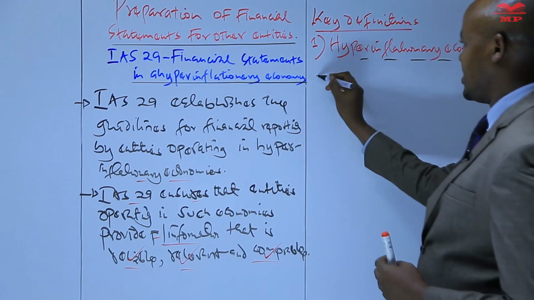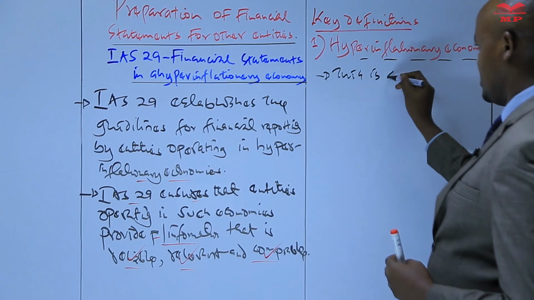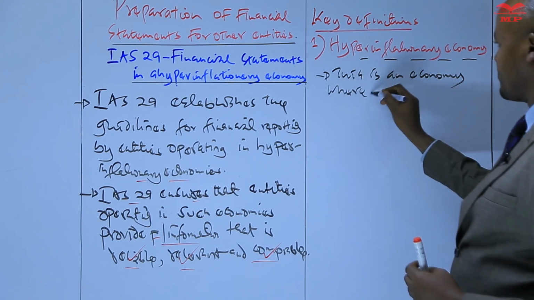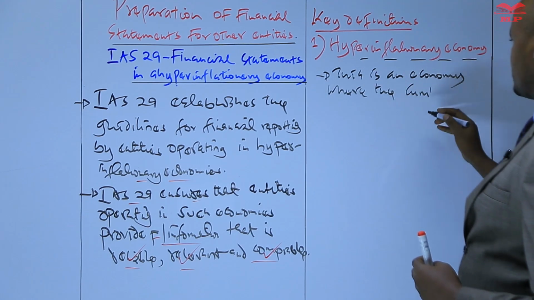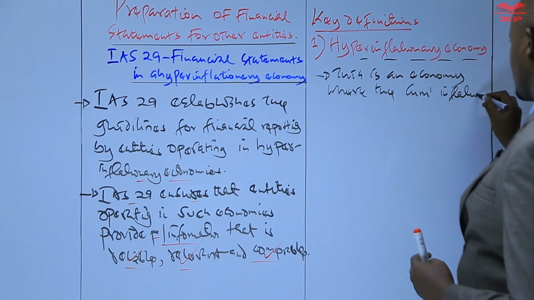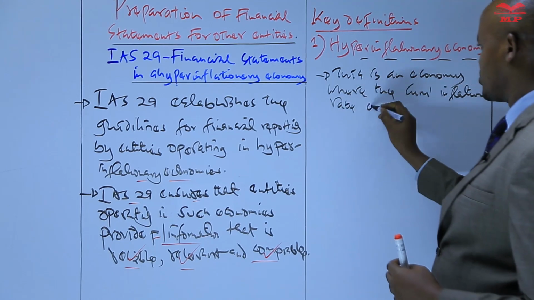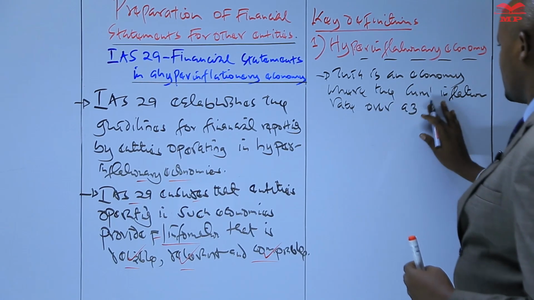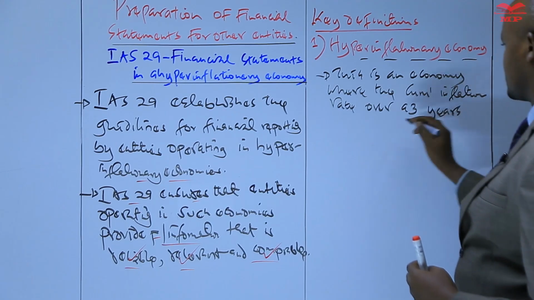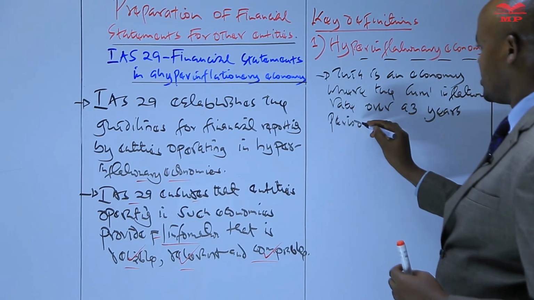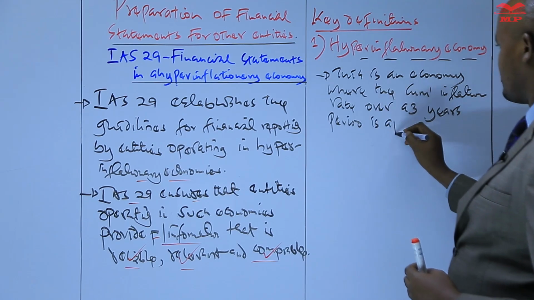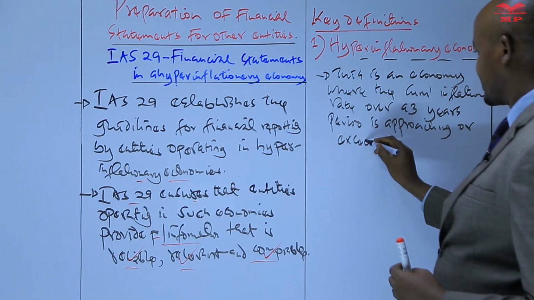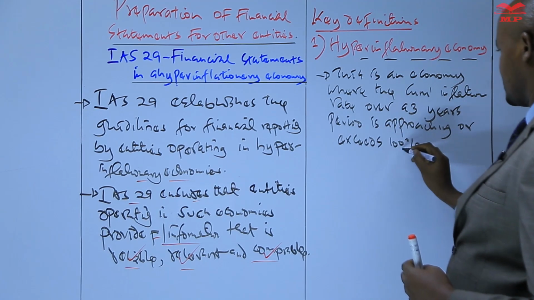So therefore, we can say that this is an economy where the cumulative inflation rates over a 3 years period is approaching or exceeds 100%.